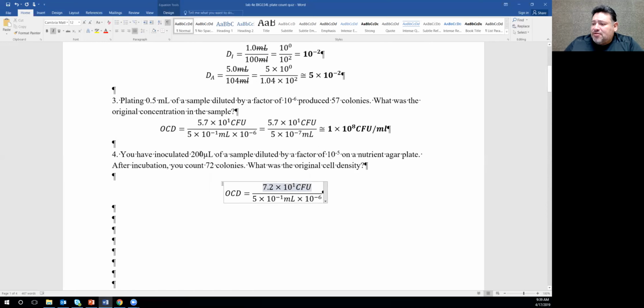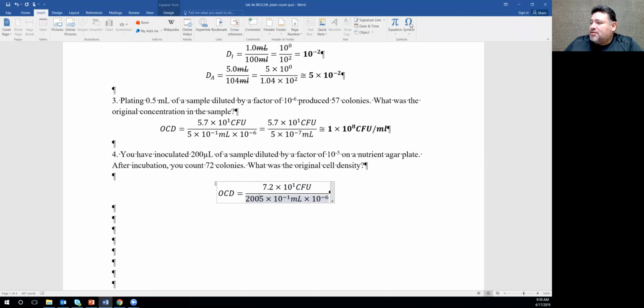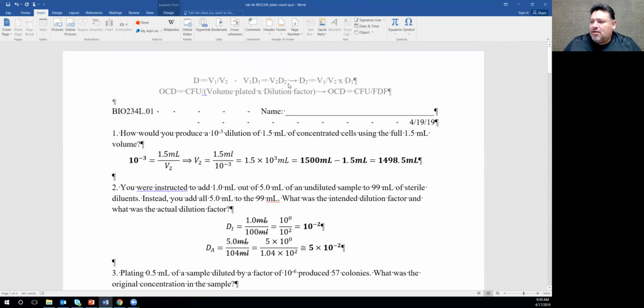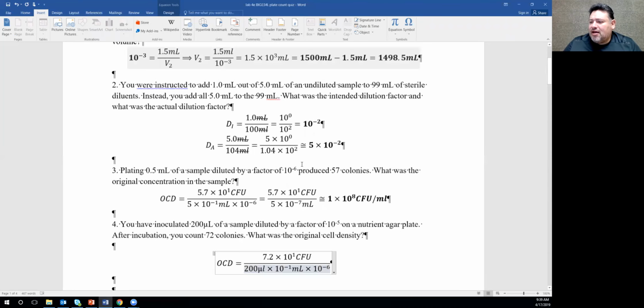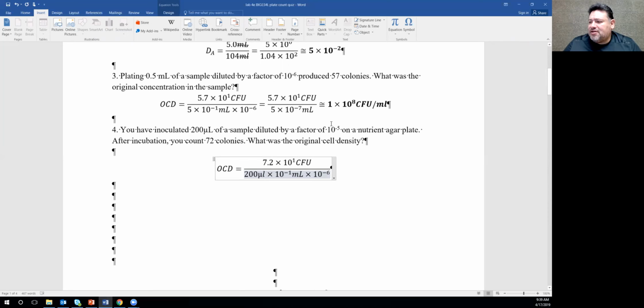So my volume plated is 200 microliters. Let's see if I can insert a microliter symbol in there. Oh, there it is. Look at that. That's nice to know. Microliter. Okay. And then I'm going to multiply that by the dilution factor. My dilution factor is 10 to the negative fifth.